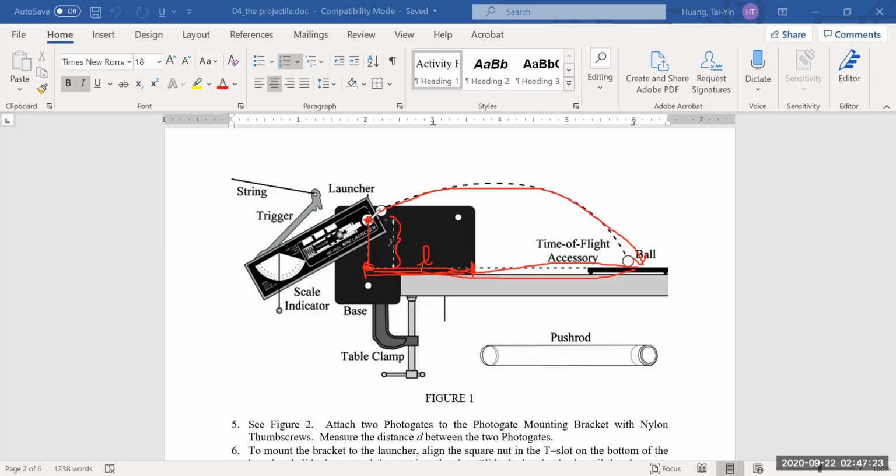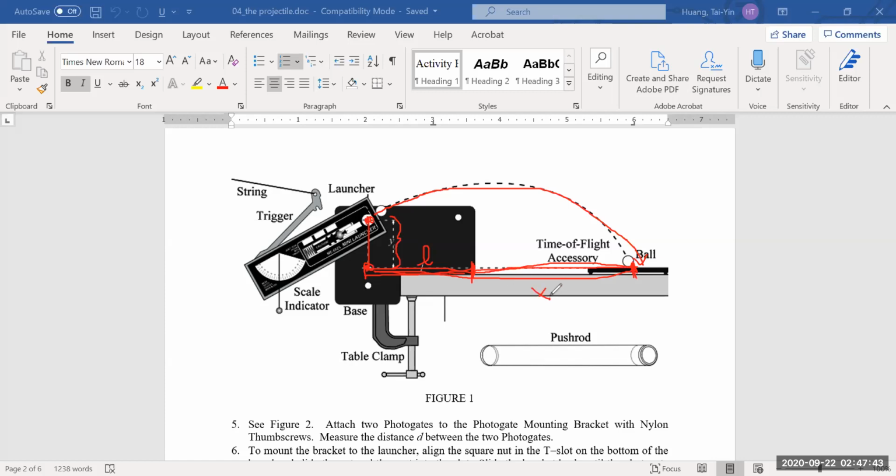So in the lab, when the projectile travels through air and lands on the sensor, it's going to leave a mark on the sensor. Then you would use a ruler to measure from the end of the base to where the touchdown is. We call that X prime.